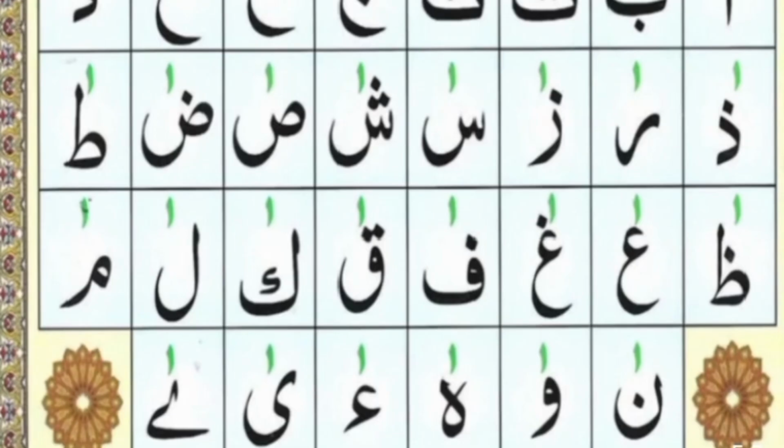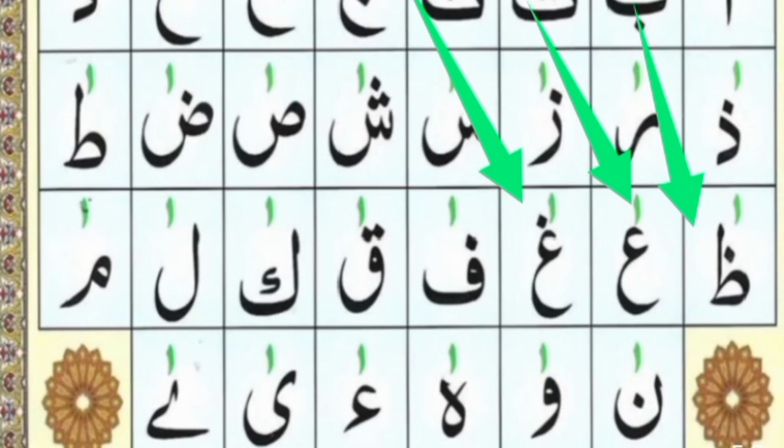Next is Zwa standing Fatha Zwa. Ain standing Fatha A. Ghain standing Fatha Gha.